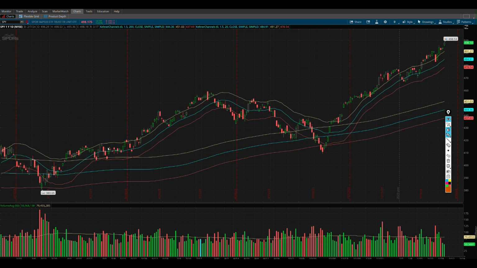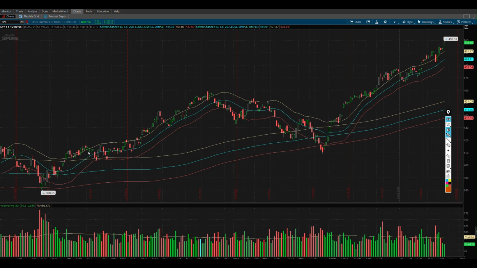We have a third signal here, crossing above the 20-day moving average. Again, we can have a stop loss which is 50 cents below the recent bottom or 50 cents below this channel.